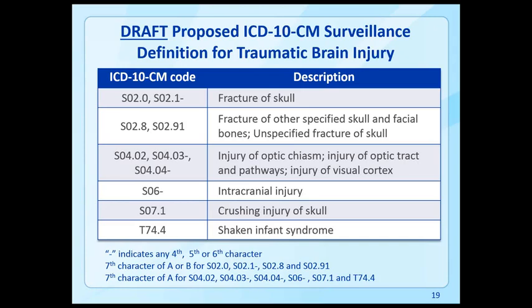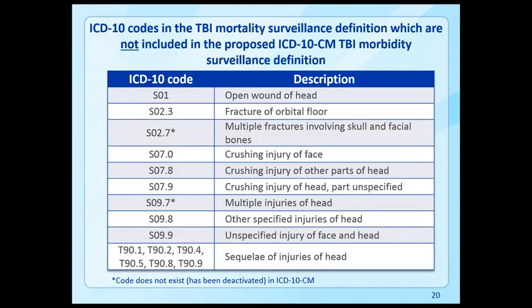And then the 7th character of A for the remaining codes, which would simply indicate an initial encounter. Because, as again, we had mentioned before, we're interested primarily, at least here at CDC, in examining TBI incidents. But know that codes for subsequent visits and sequelae are possible within ICD-10-CM.